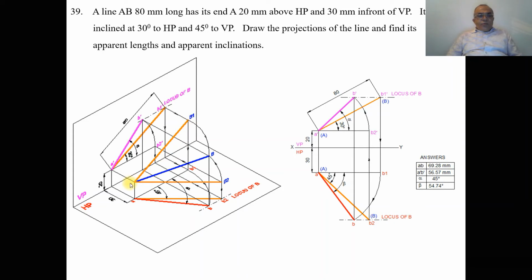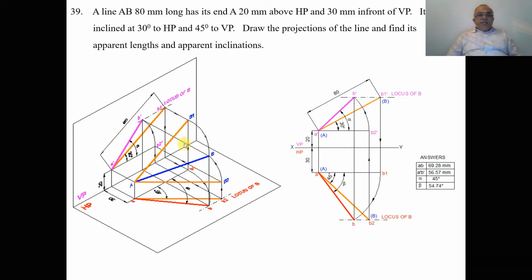To find the top view, with A as center, taking the radius of AB1, you rotate this line such that B1, which is above HP by some distance, comes onto this locus.